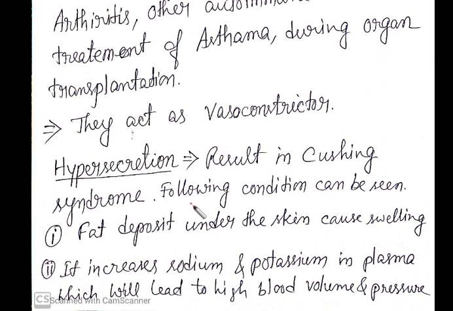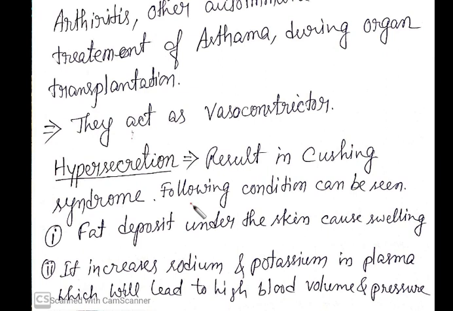And if the blood volume increases, that means it results in high blood pressure. When volume increases, blood pressure also increases, and this also results in swollen body parts. And because of the high blood pressure, you must have seen many patients who have high blood pressure, so observe their body parts, precisely the head and face parts will be swollen, a little puffy, okay? It is happening because of hypersecretion of glucocorticoids also, right?